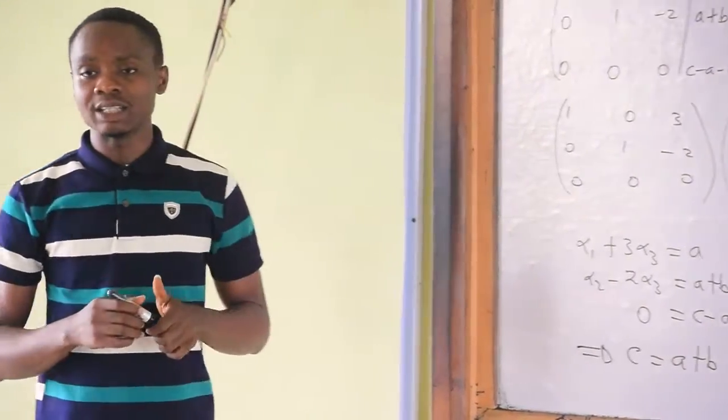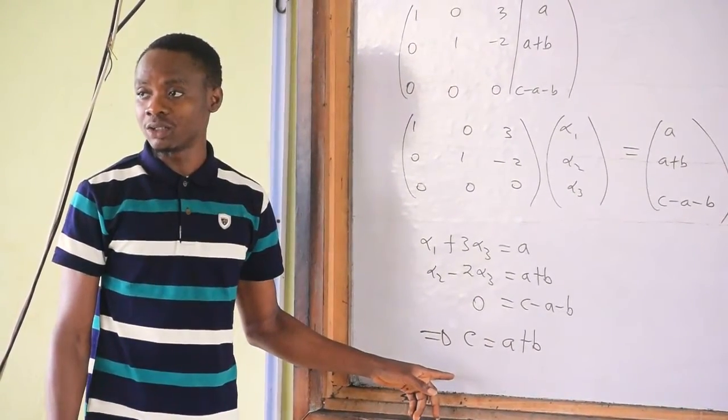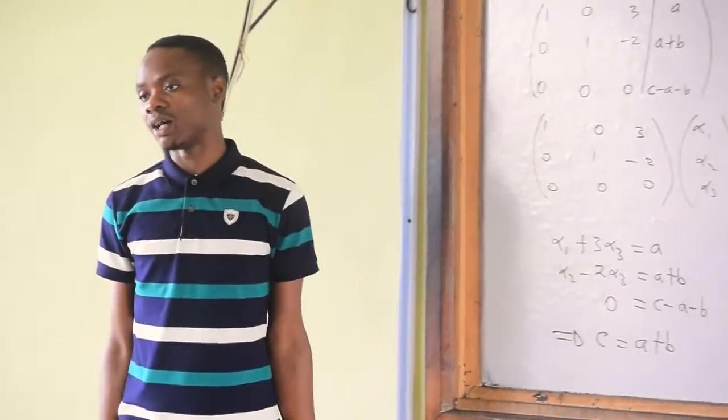Alright. So that means that, listen, the span of S here is not all of R3. Why? Because it is not for all of R3 that you will have A plus B equal to C. So it cannot be all of R3.